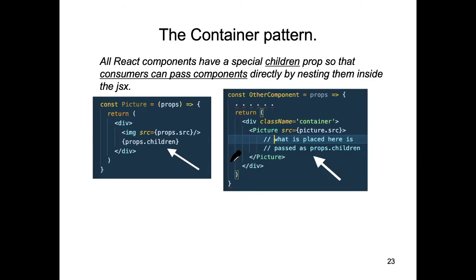The consumer is telling my picture container component what it wants to render on its behalf. And the way we code it is like this. So we're composing picture with this in order to achieve our outcome. Hence, we're using composition.